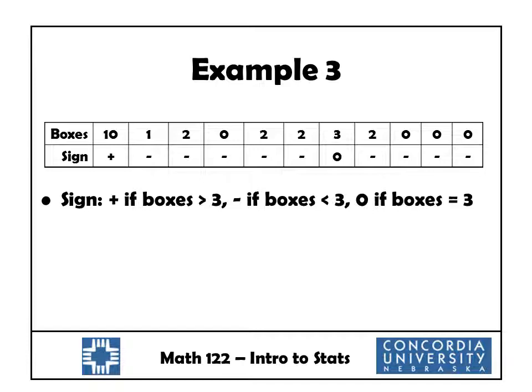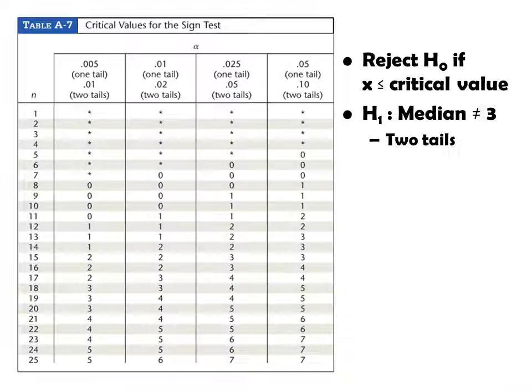And so that's all there is to calculating our signs here. Now to get our test statistic, we see that we have only one plus sign, we have 9 negative signs, and we don't count that 0. That's neither positive nor negative, so we're just going to ignore it. So x is 1, n is 10. That's all I need to do my sign test.